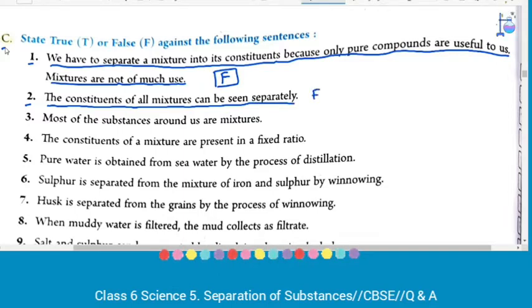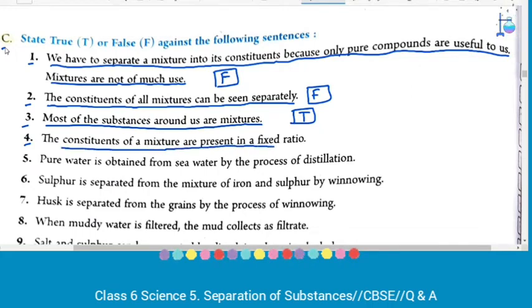False. Third one, most of the substances around us are mixtures. This statement is true. Fourth one, the constituents of a mixture are present in a fixed ratio. No, those are not present in a fixed ratio. That's why it is false.